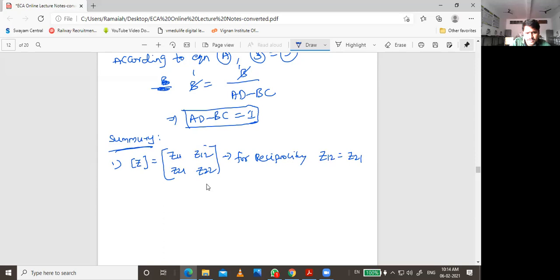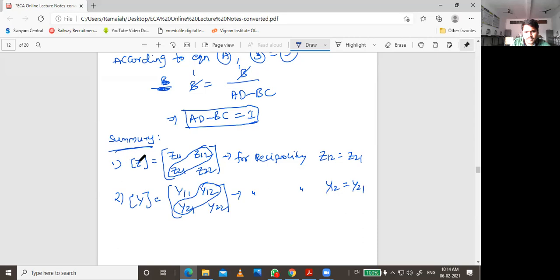That means these elements must be equal. Next, Y parameters, Y11, Y12, Y21, Y22. For reciprocity, Y12 equal to Y21, which we have already derived.